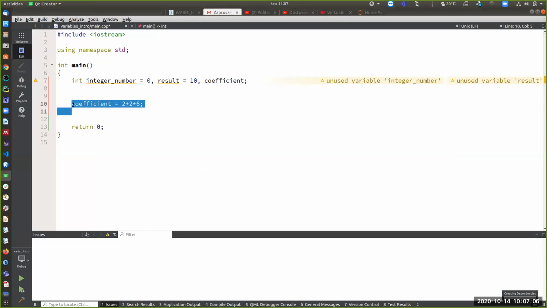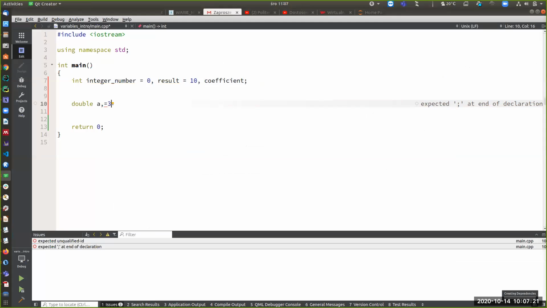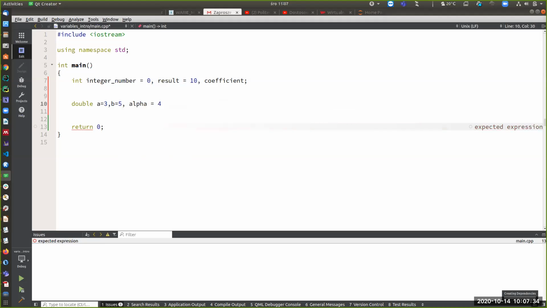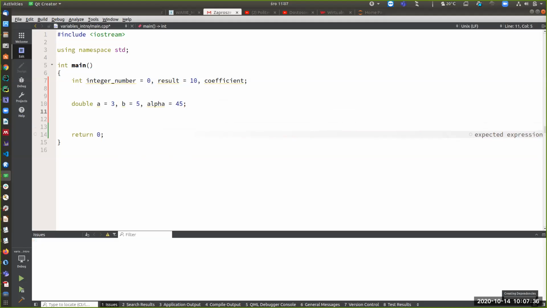Okay. So let's assume that we have a triangle with lengths. So I have double a, which is equal to 3, b, which is equal to 5, and alpha, which is equal to 45 degrees.